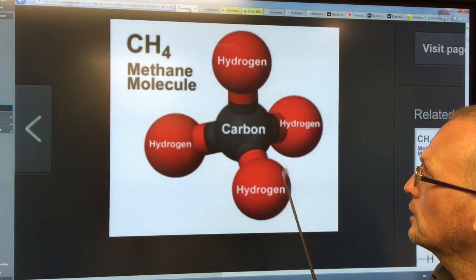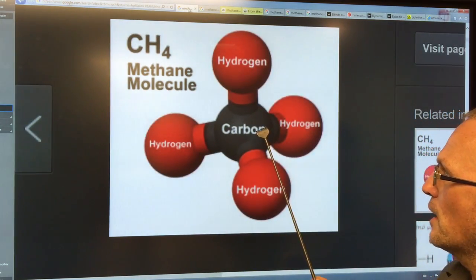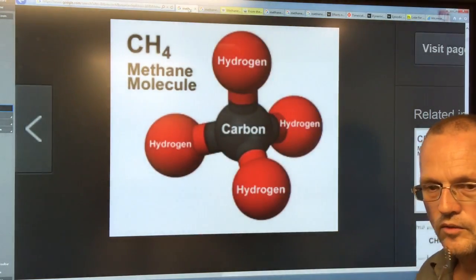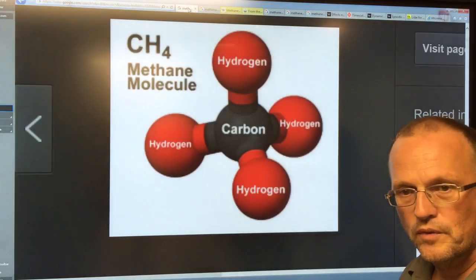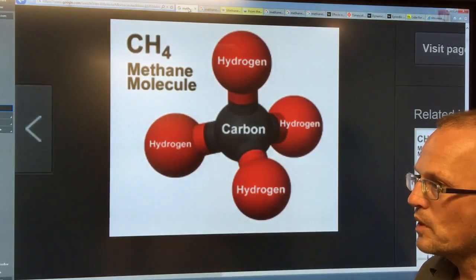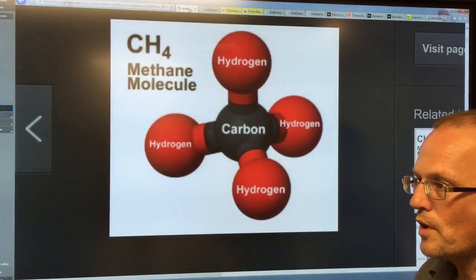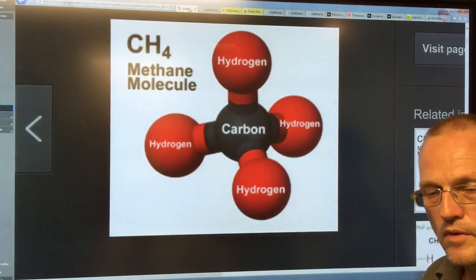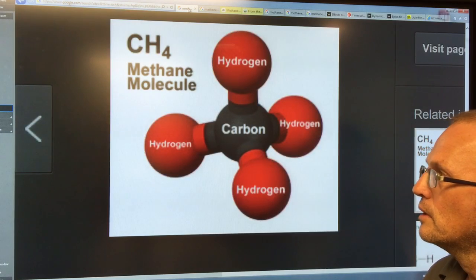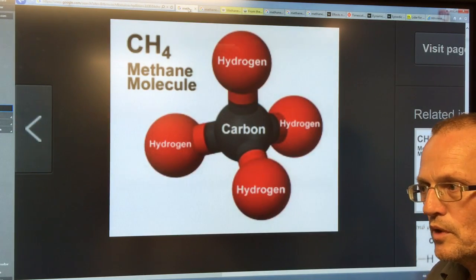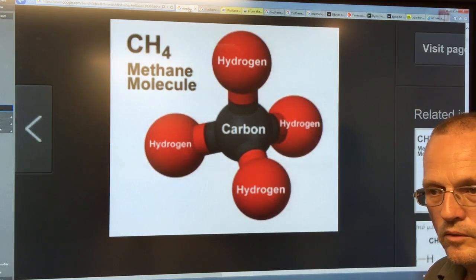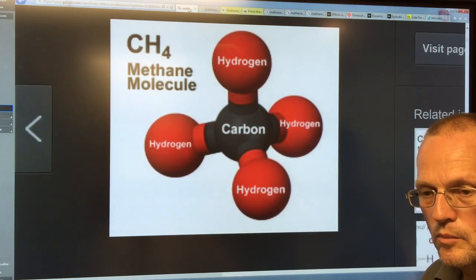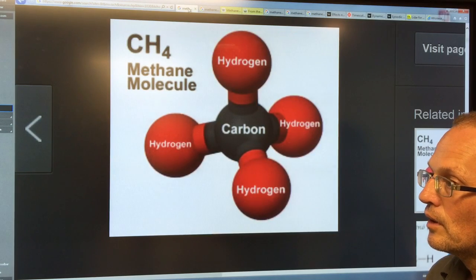So the methane molecule is basically a carbon atom surrounded by 4 hydrogen atoms. It's a gas in the atmosphere. It varied between about 350 and 700 parts per billion over the last million years or so, as we know from measuring gases in bubbles in ice cores.